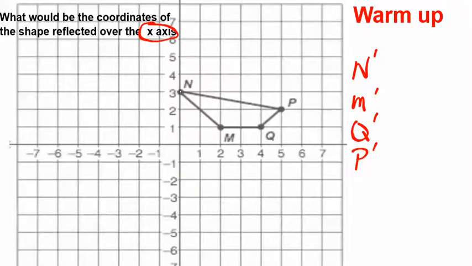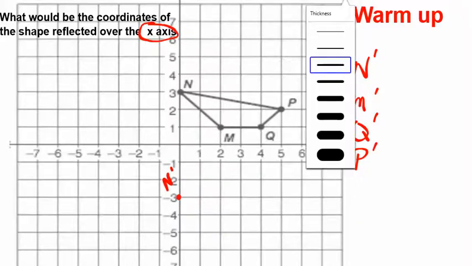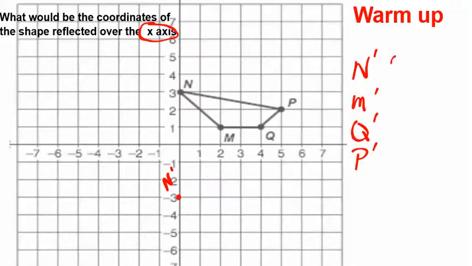So let's first look at N. I wouldn't go over at all. I would just stay at 0 and I would go up 3, but instead of going up 3, I would go down 3. So this is my N point, which would be 0, negative 3.